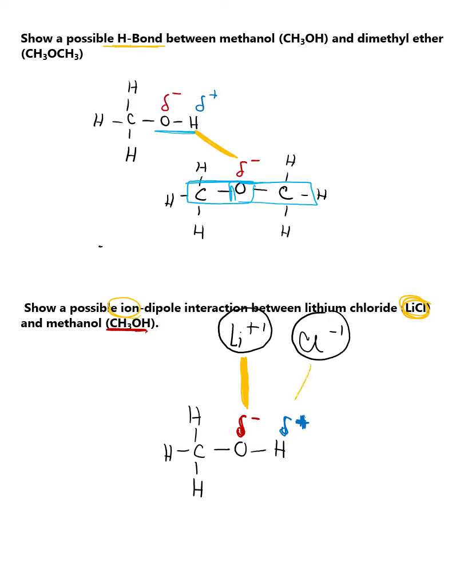Negative ion will be attracted to the positive charge in your polar bond. So if that attraction between your polar bond and the ions in your ionic compound is strong enough, your ionic bond will break apart and your ionic compound will dissolve in that specific substance.